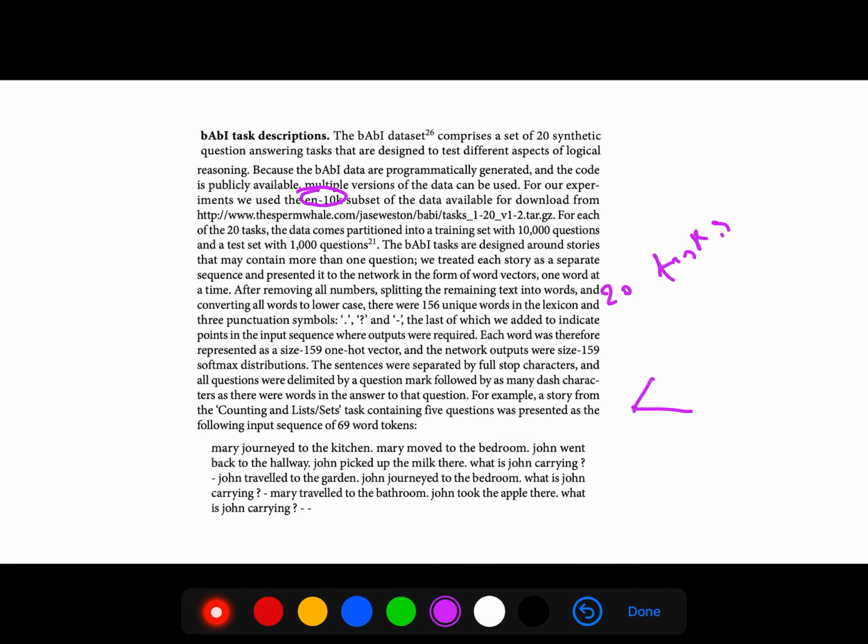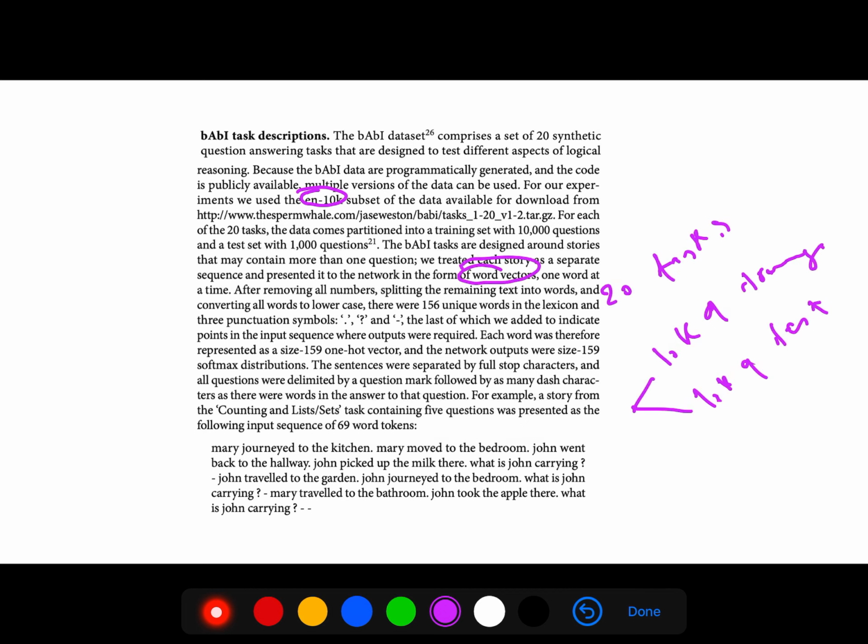The bAbI tasks are designed around stories that may contain more than one question. We treated each story as a separate sequence and presented it to the network in the form of word vectors.